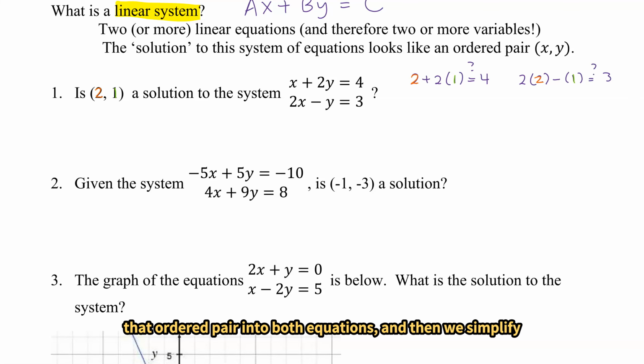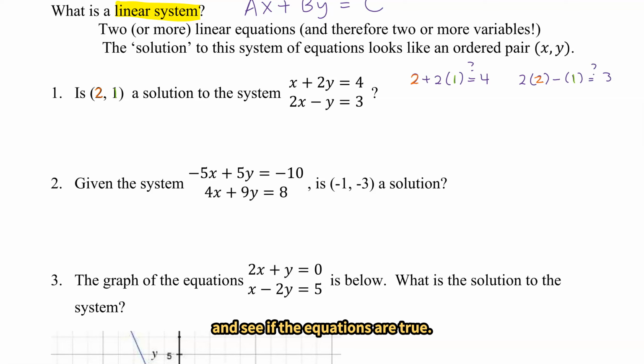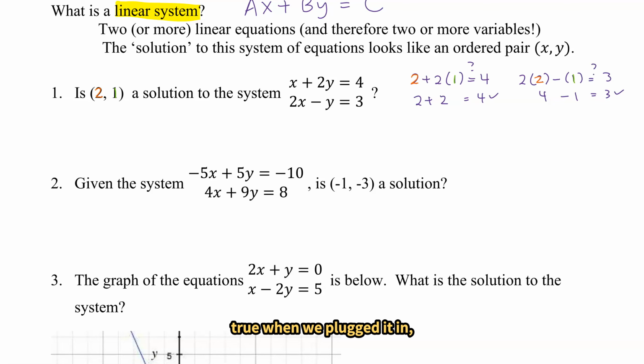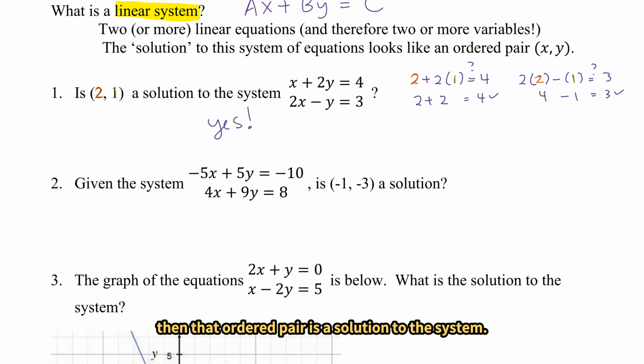So we'll plug that ordered pair into both equations, and then we simplify and see if the equations are true. 2 plus 2 does equal 4. 4 minus 1 does equal 3. Since that one ordered pair made both of the equations true when we plugged it in, then that ordered pair is a solution to the system.